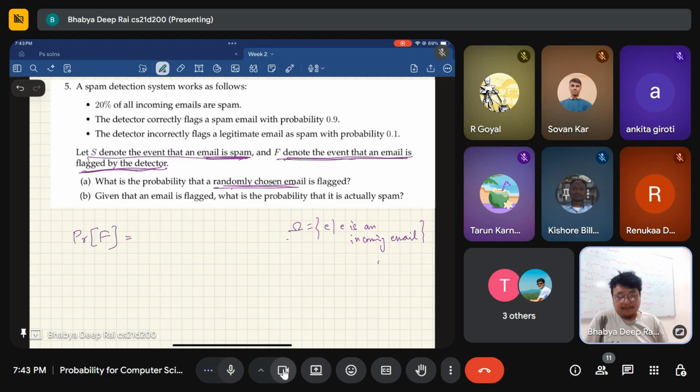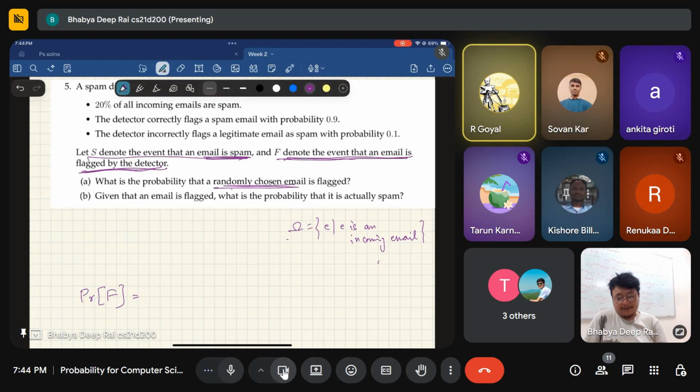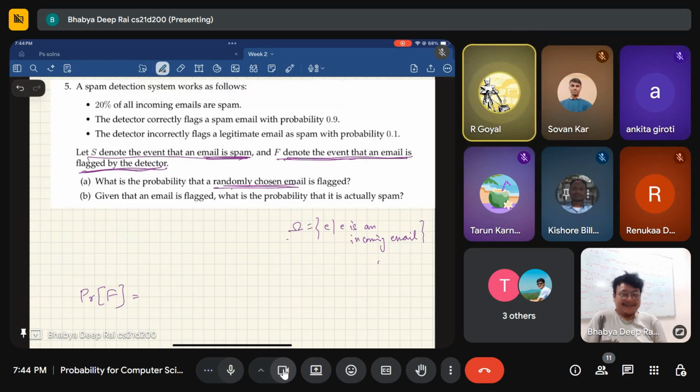So let's write something. We can use a Bayes kind of thing here.